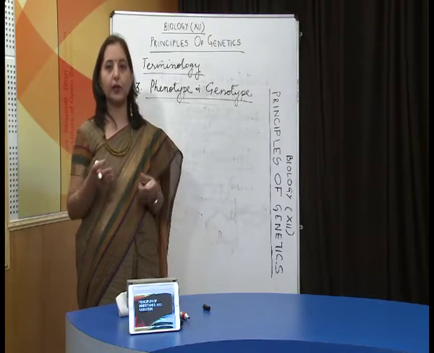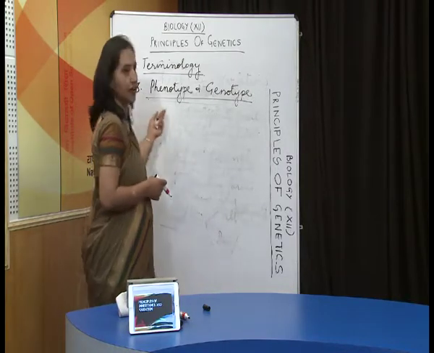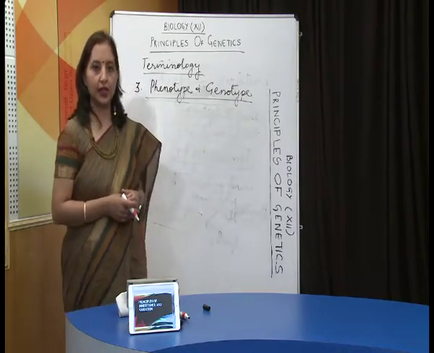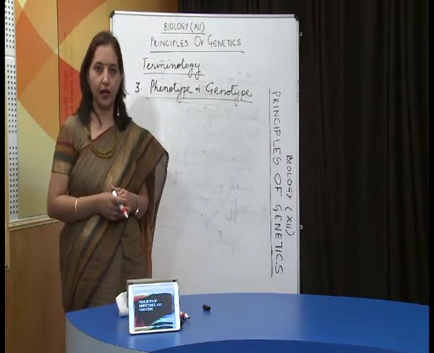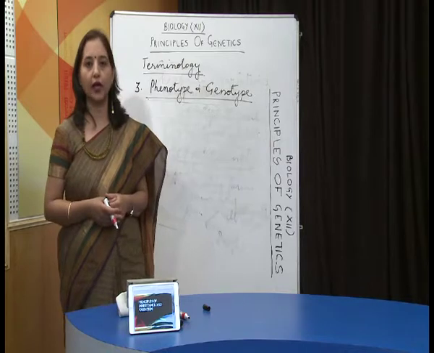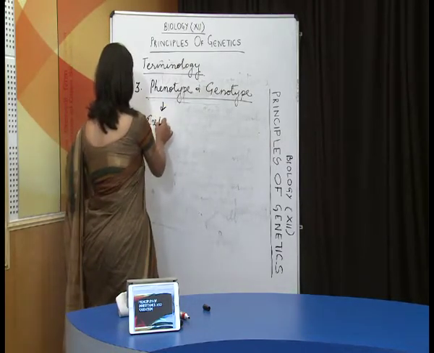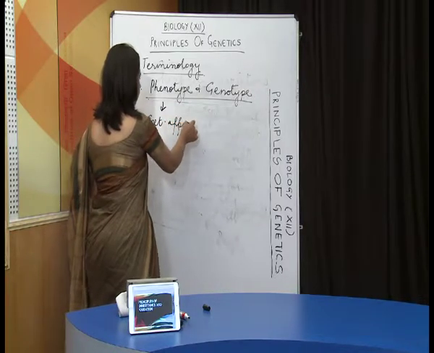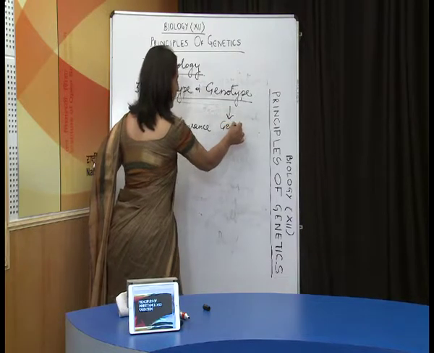Whatever you explain simply by appearance is called phenotype, and genotype is the genetic makeup of an organism. That means what types of genes are there. Are they all dominant or are they recessive? So phenotype means external appearance, whereas genotype means genetic makeup.